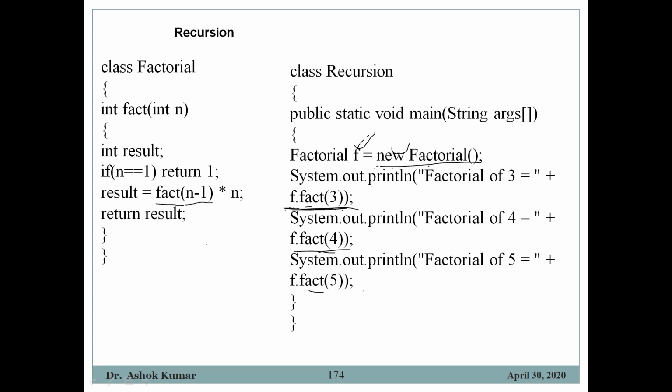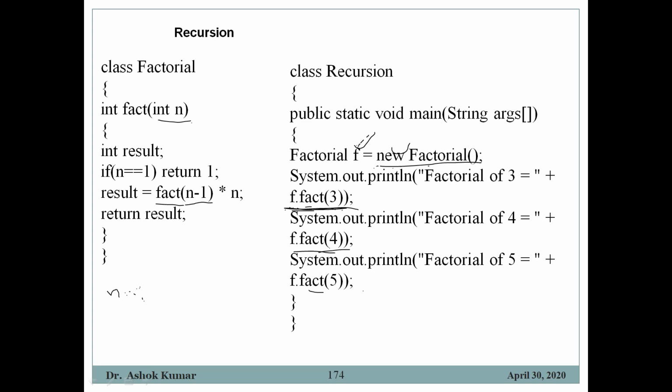When you call fact, this 3 will be passed to the method parameter n. I am going to show over here the first call where n is equal to 3.